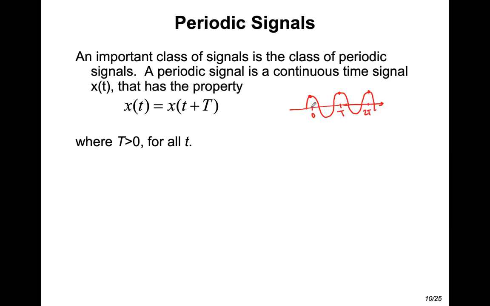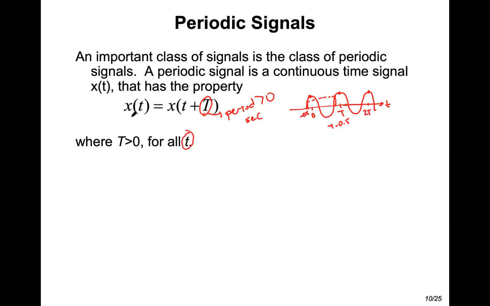And this should be true for all possible t values. So this is my t. Let's say if it is minus 0.5 seconds, after t minus 0.5 seconds, this value is the same. So this t will be my period. This is going to be my period, and it is in seconds, and t is always going to be greater than 0. This is critical.